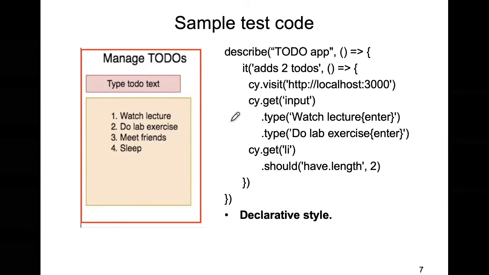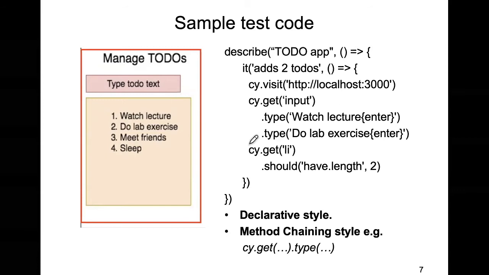So arguably it is a declarative style of coding. And there's a lot of method chaining going on. That's the programming style. You can see here, this is an object and I'm invoking that method of the object. Whatever that expression returns, which is something we call a subject, I'm invoking the should method on that subject.